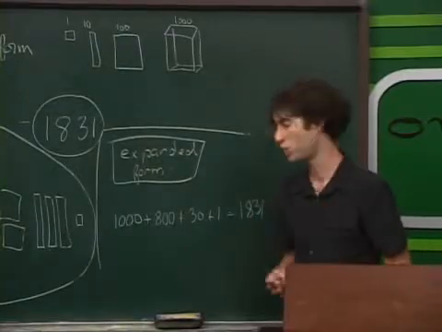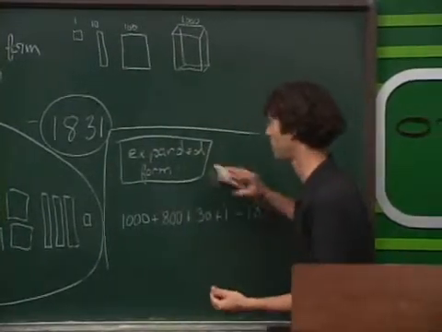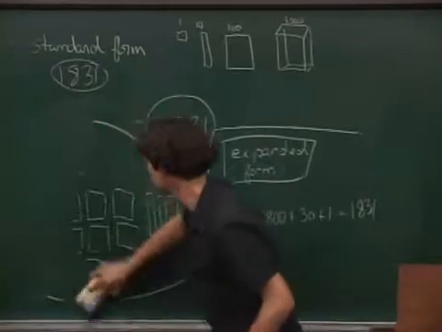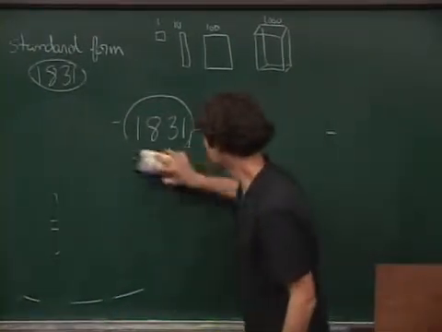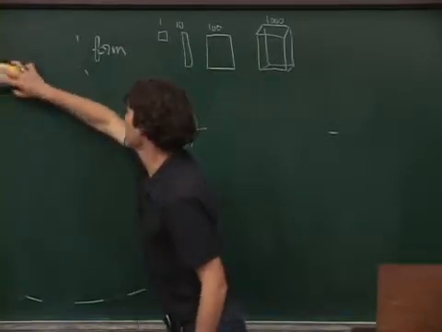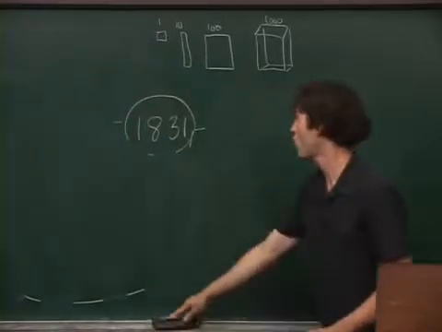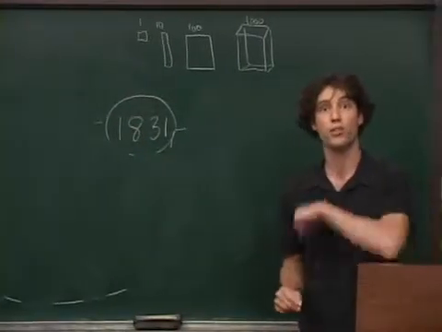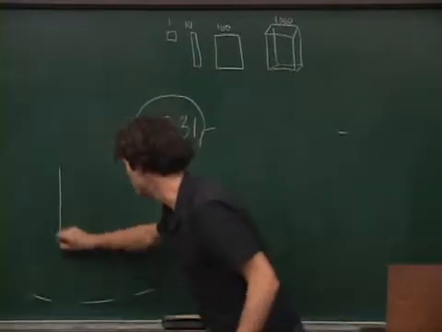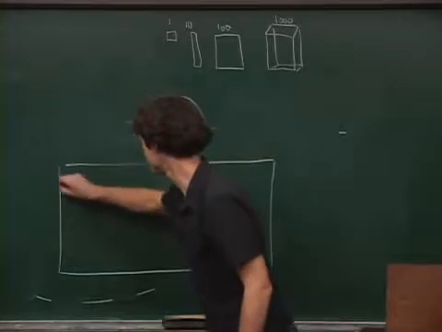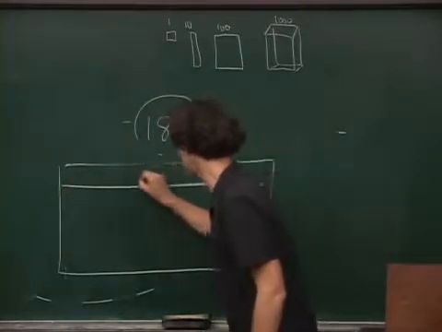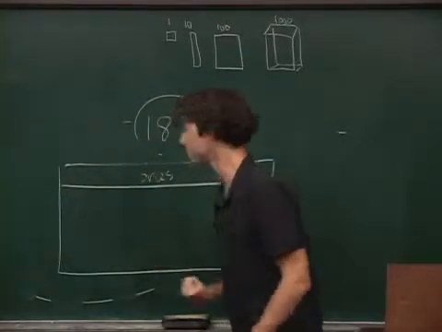It's a digit chart. Now, for that, I'm going to have to erase it all. And we're going to do a digit chart for 1,831. Now, what you do is you make a big box like this. Up at the top, you write the ones.